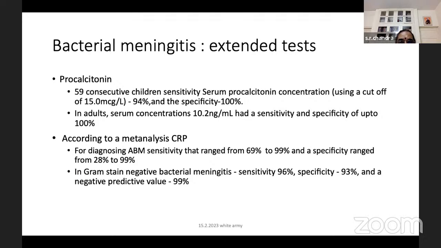Procalcitonin is very useful, and serum procalcitonin concentration is very sensitive in children, and in adults serum concentration of 12.2 nanogram per ml has a very good sensitivity and specificity up to 100% of bacterial meningitis. And according to meta-analysis, C-reactive protein for diagnosis of acute bacterial meningitis also carries a good sensitivity. So in difficult situations combine clinical picture with multiple laboratory data and sometimes use the fifth sample to exclude or withdraw unwanted medications.